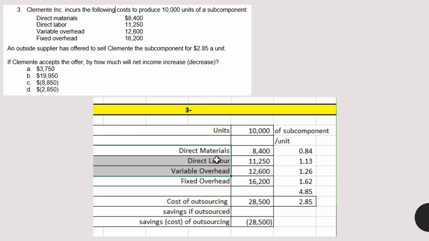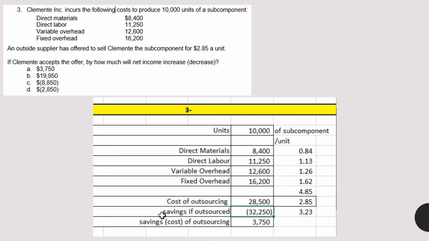So we have direct materials, direct labor, and variable overhead. Our fixed overhead would still be incurred whether we produce the unit or not. So in this situation, I take the savings of outsourcing being the per unit cost of 84 cents plus the $1.13 plus the $1.26, multiply that by the 10,000 units, so we'd have a savings of $32,250.